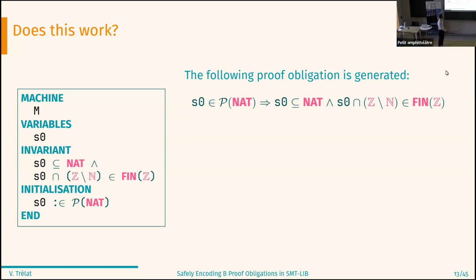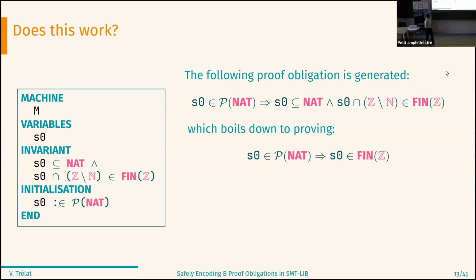And the second part, well, the negative integers are an infinite set. So it just boils down to proving that S0 is a member of the power set of NAT implies S0 is finite. But this is true because S0 is a subset of a finite set, so it's finite. So it seems to be quite trivial to prove.